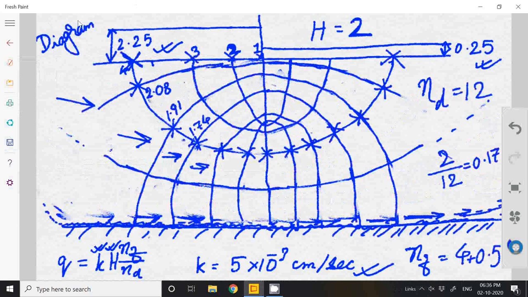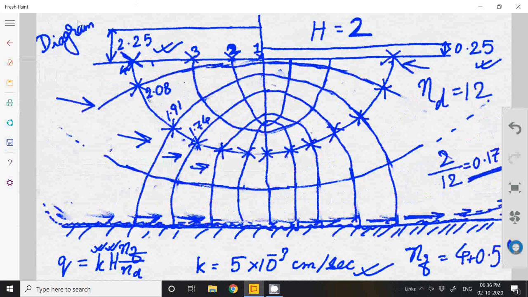Like this it will move on, and ultimately at this endpoint it will become 0.25. So 12 drops, and everywhere it is decreasing by 0.17. Ultimately we have got all the values.